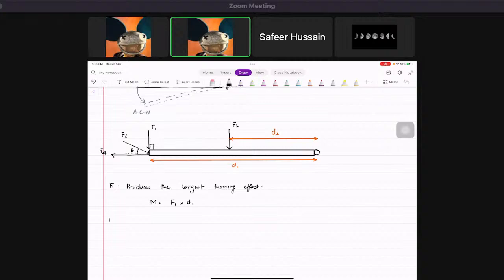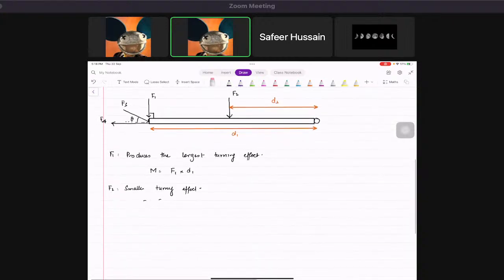However, F2 produces a smaller turning effect. The forces have the same size, but d2 is less than d1. So when you apply moment equals F2 times d2, the whole thing is smaller.